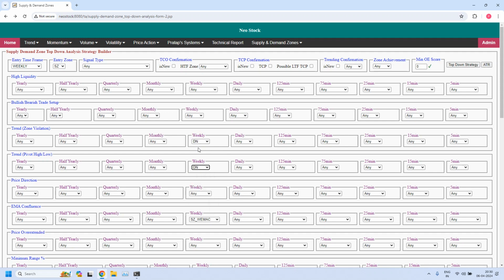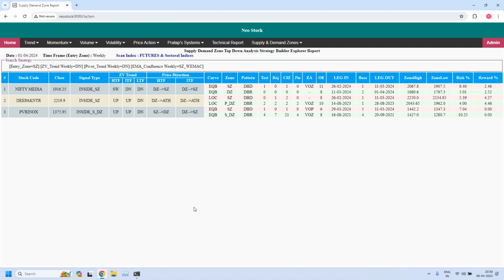So that means both the trends should be down. Trend based on zone violation, and trend based on pivot high lows, that is higher high, higher low, lower high, lower lows, or even equal highs, equal lows. Using that concept also, the trend should be down. See, now the list is reduced to 3 from 8.